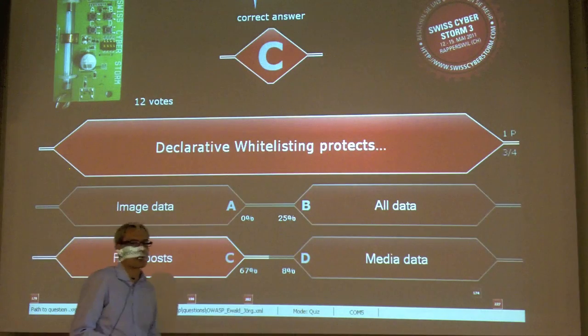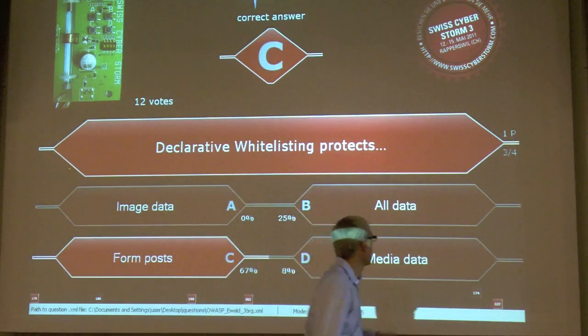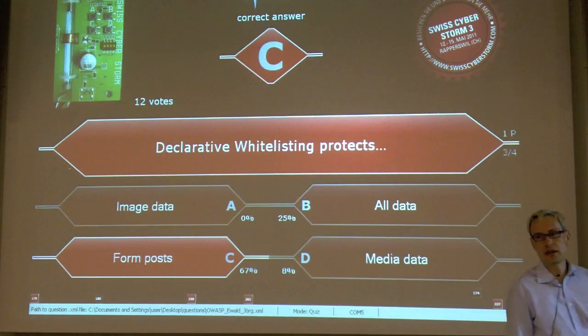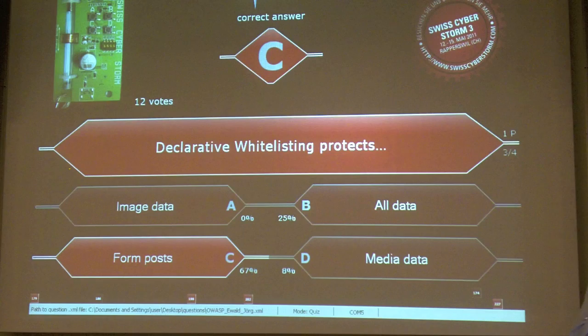We don't do anything with the rest of the data with declarative whitelisting, because there we really say, how do form fields look and what kind of input do we accept?